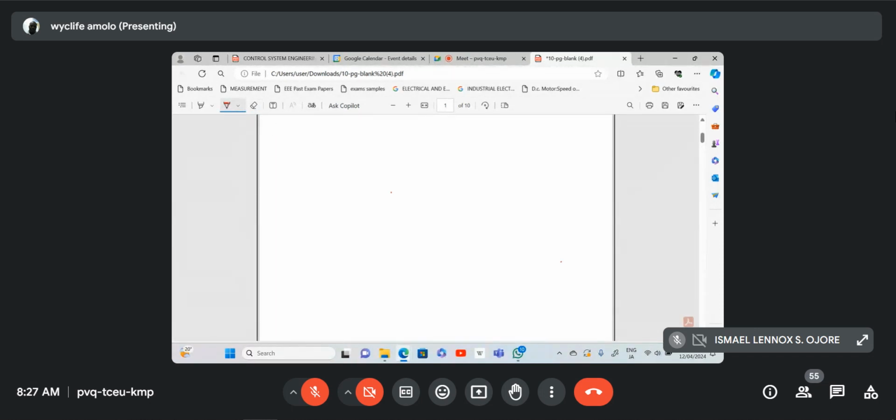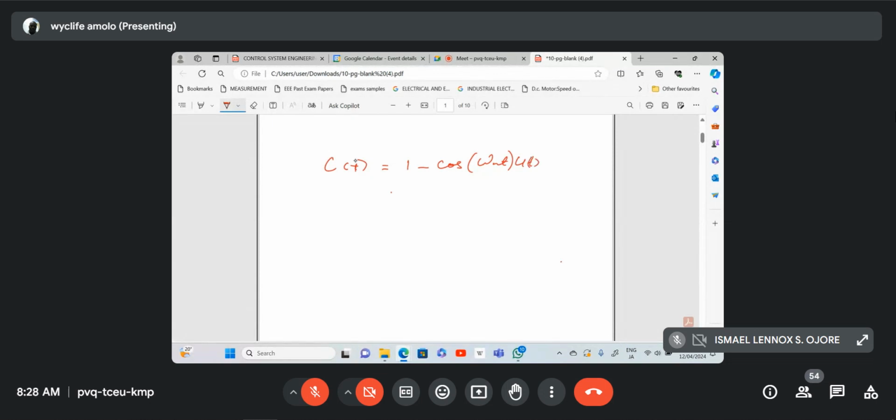Okay, we have said that in a step function of second order, the equation is going to look like this: c of t is equal to 1 minus cosine Wn t into u of t, the step response.